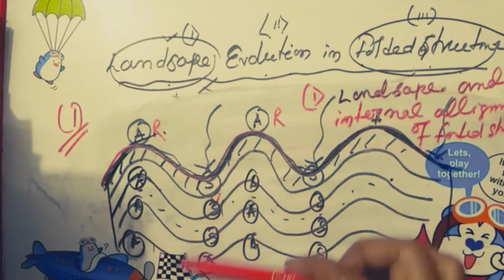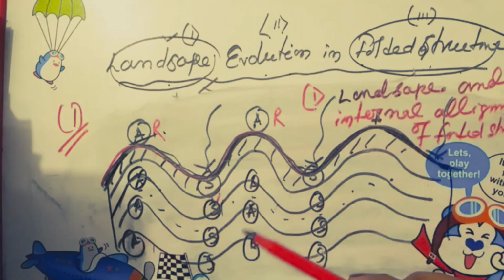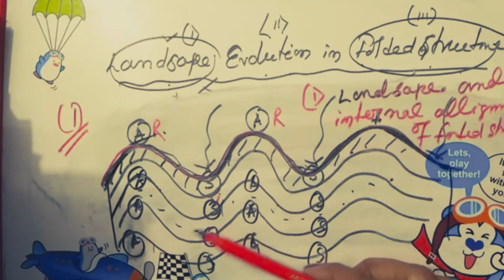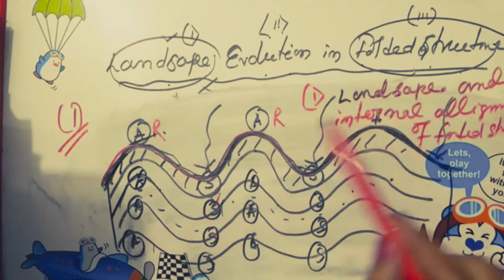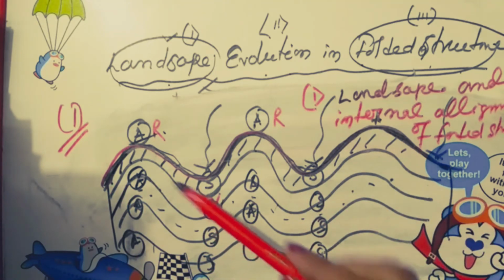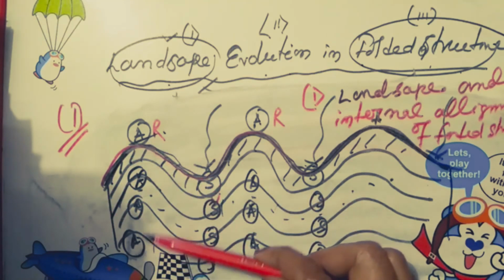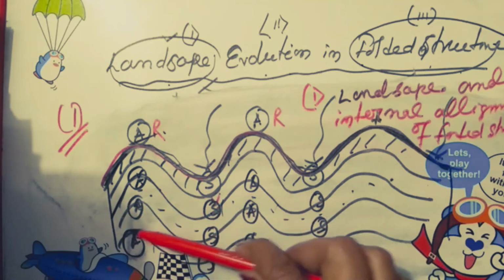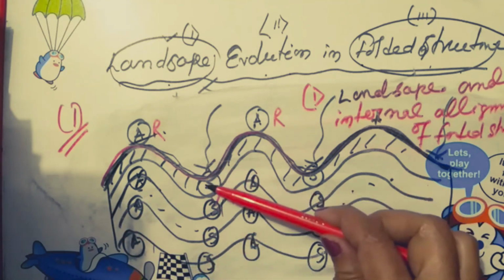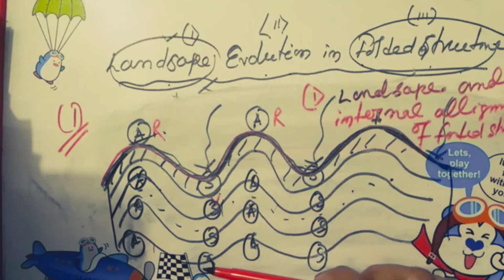And if we cut the folded structure in cross section and look at the internal alignment, then there is a balance, a similarity between the landscape of the earth's surface and the internal alignment of the folded structure. Better to say, the alignment inside the anticlinal ridge is in the same direction as the anticlinal ridge, and the internal structural alignment below the synclinal valley is similar to the synclinal valley.